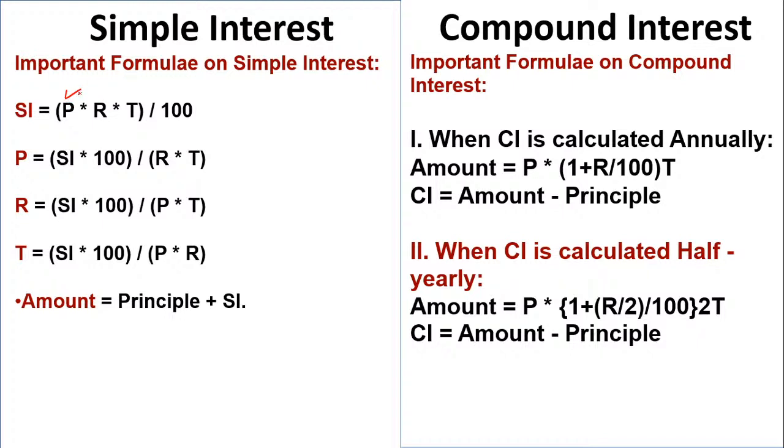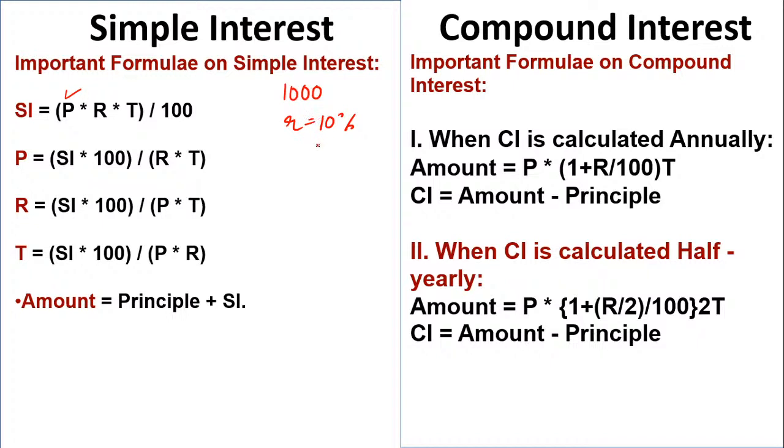And there will be some rate also. If I'm talking about 1000 rupees, and a rate of 10% per year, so that will be your 10%, and your time is for how many years you have to apply this simple interest.